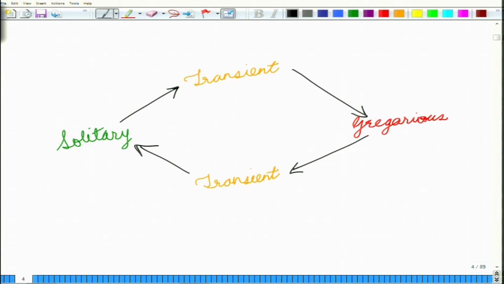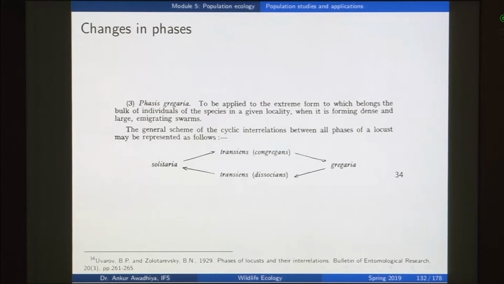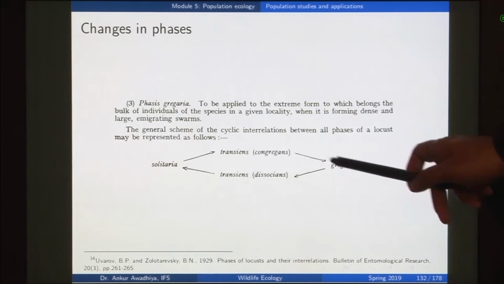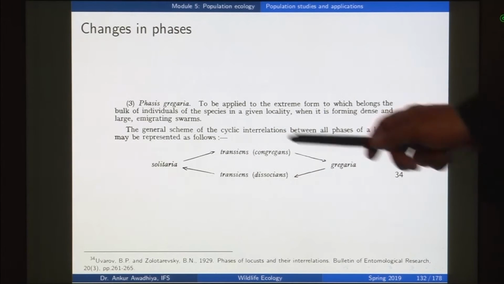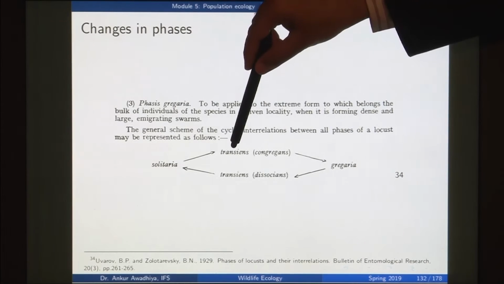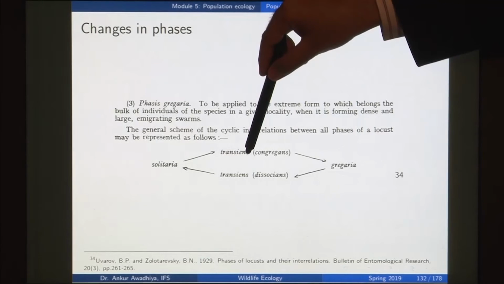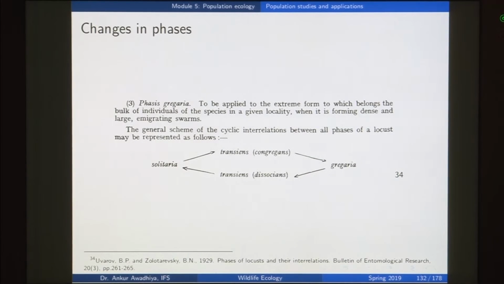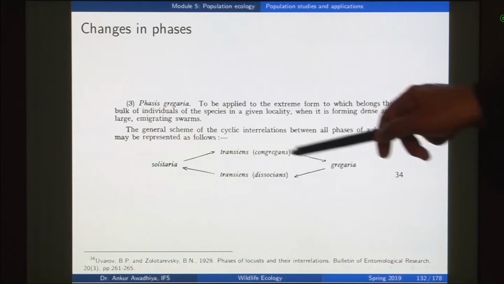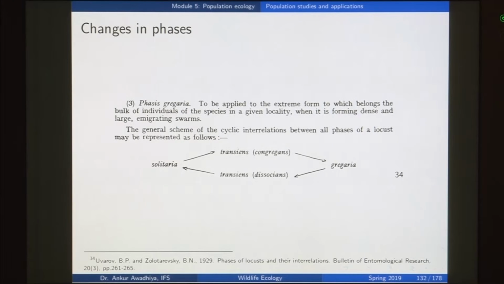So, at all times we can say that these insects remain in these three phases: the solitary phase, the gregarious phase, and the transient phase. When the solitary phase is turning into the transient phase, we call it the congregans phase, because they are congregating. And when the gregaria are turning towards solitary, the transient phase is known as the dissocians phase, because they are now dissociating, they are coming out of the swarms.